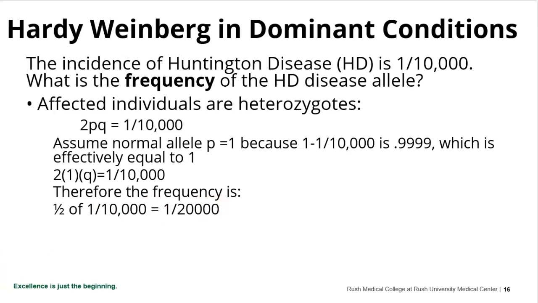And it doesn't matter what disease we're talking about. If they say disease whatever, it doesn't matter anything about that disease. Just think, okay, is it recessive or dominant? If they're giving you q squared, and it's dominant, we want to figure out 2pq.